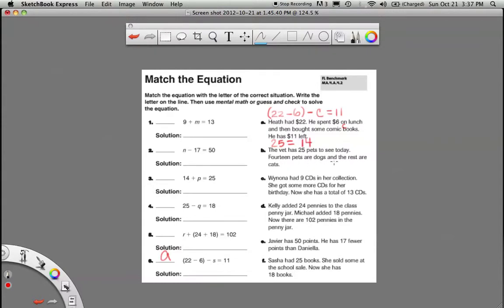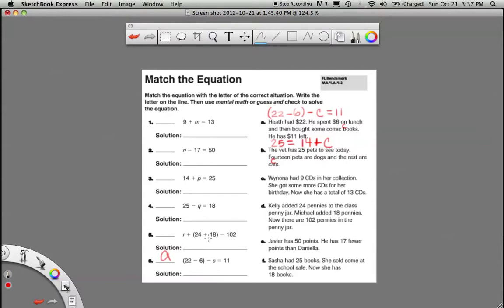And that's addition. And the rest are cats. It doesn't tell us how many of the rest, so we'll call that C for cats. So my equation is 25 equals 14 plus C, which we know is the same as 14 plus C equals 25. So I'm going to look for that over here.